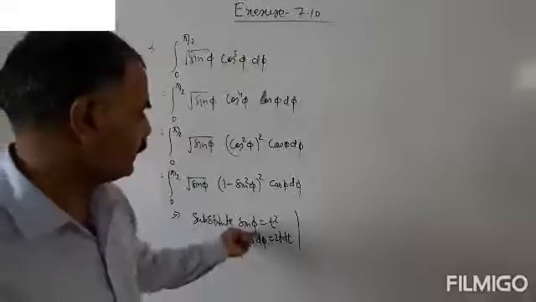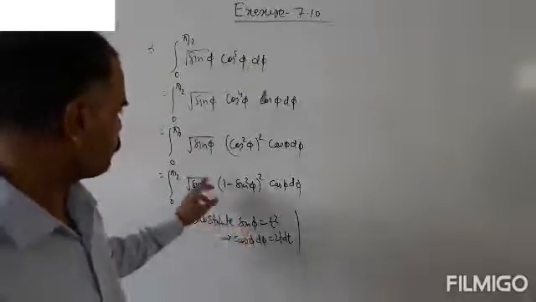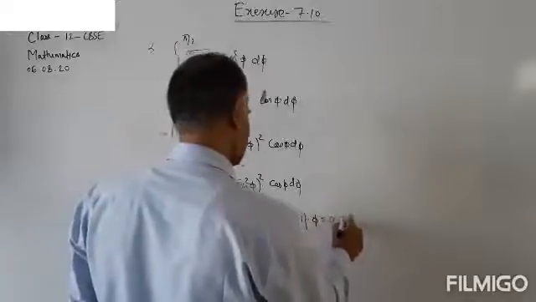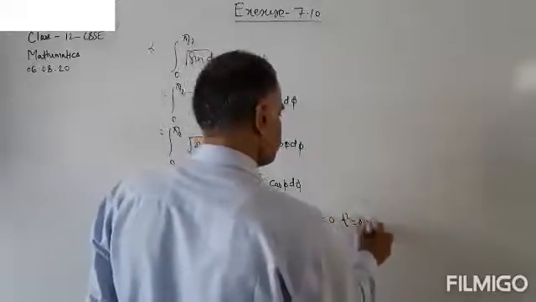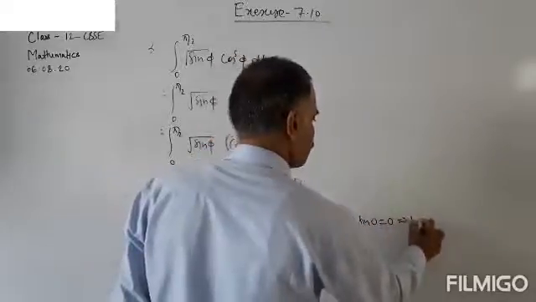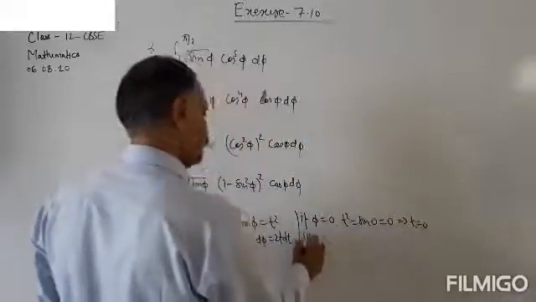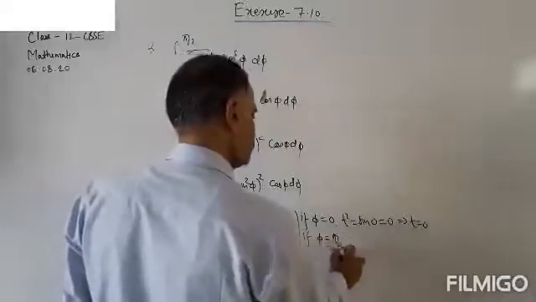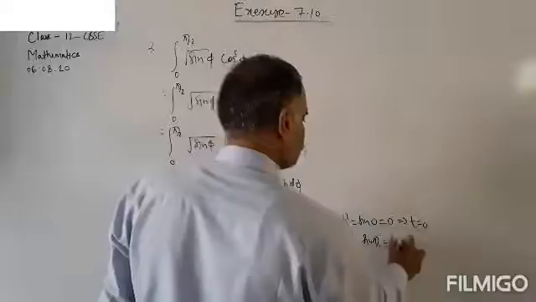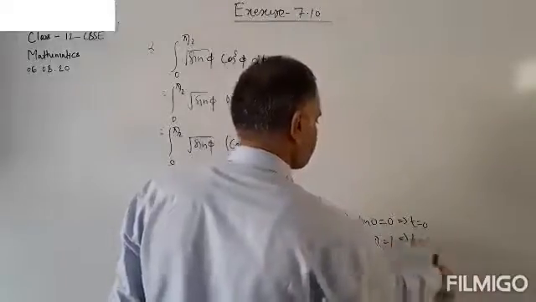As the variable is changing, the limit will also change. If phi is equal to 0, then t square equals sin 0, which is 0, so t equals 0. If phi is equal to pi by 2, then t square equals sin pi by 2, which is 1, so t equals 1.